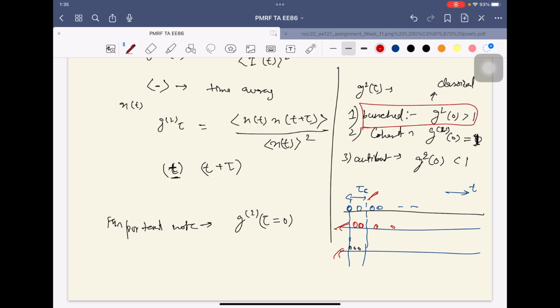So this is mostly the classical light condition. This means that in the classical view of light, g2(0) is never less than 1, that is, anti-bunched light is not possible. Okay, so why is it important that we are talking so much about this g2?